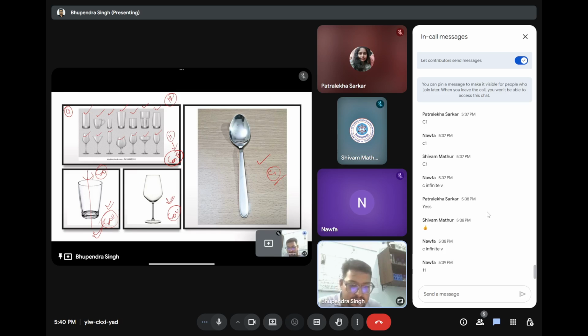Okay, let's. This is your 1, 2, 3, 4, 5, 6, 7, 8, 9, 10, 11, 12, 13, 14. So tell me, Nafa, which 11 glasses are you able to find which have the point group of C infinite V?